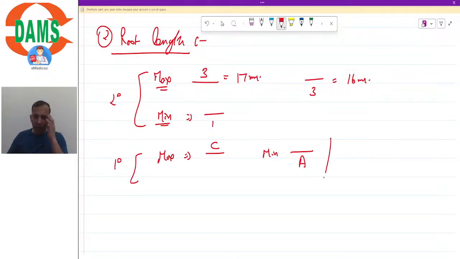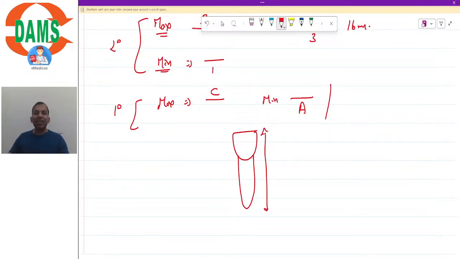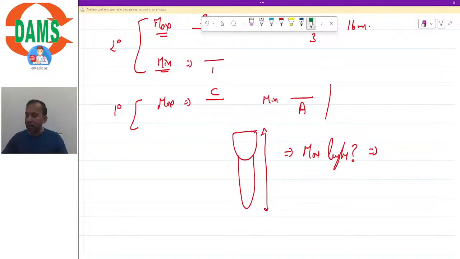So if I ask you which tooth has maximum overall length, let's say crown and root included, which tooth has maximum length? Here the answer would be maxillary canine followed by mandibular canine.